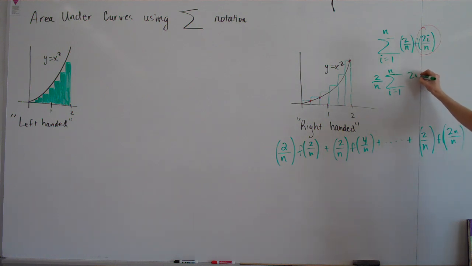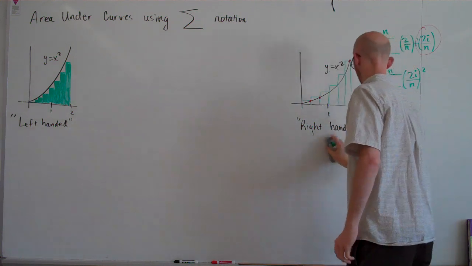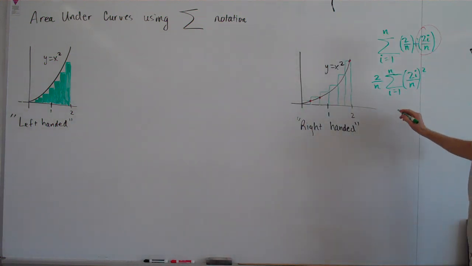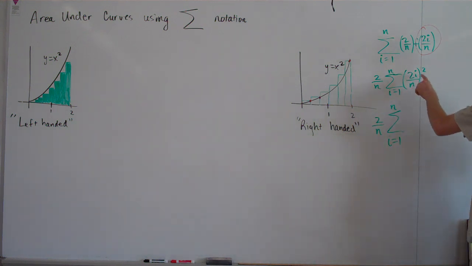So it'll be 2i over n squared. Okay, and now I need to free up some space. So I'll have 2 over n. This will become 4i squared over n squared.